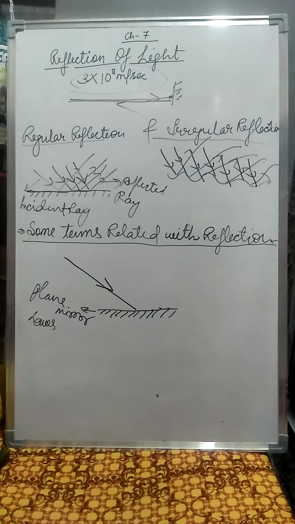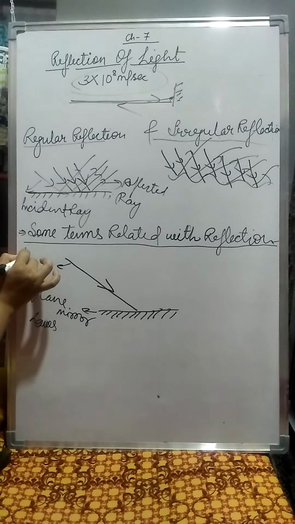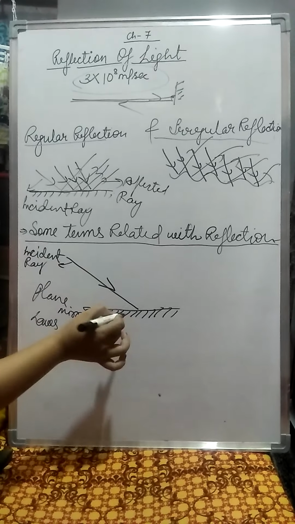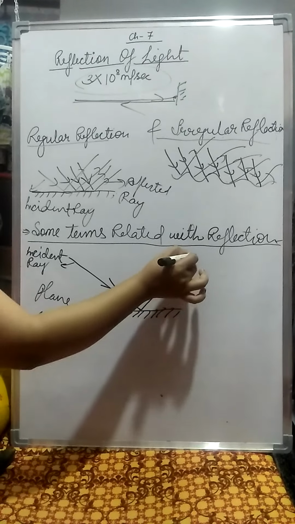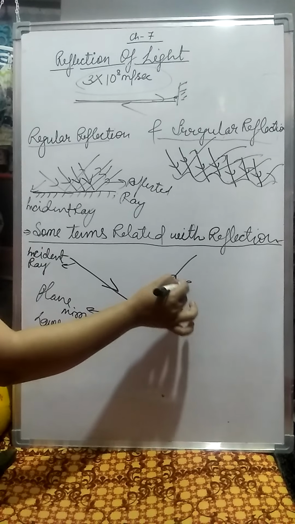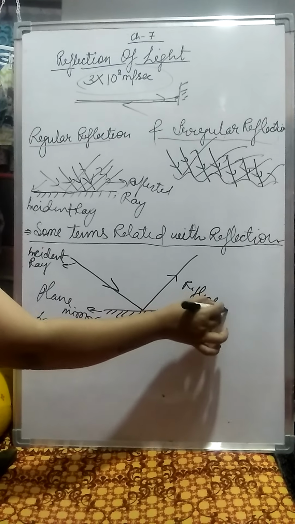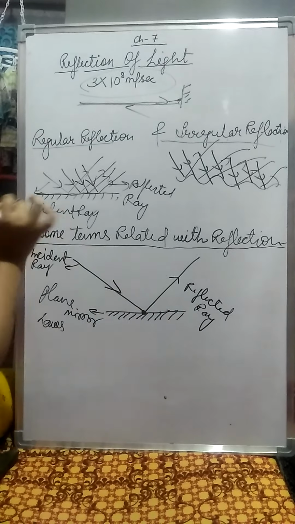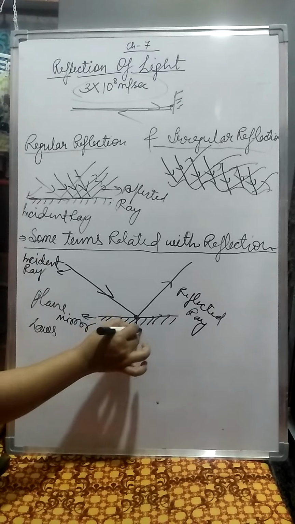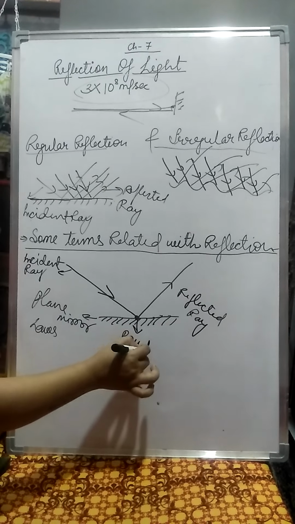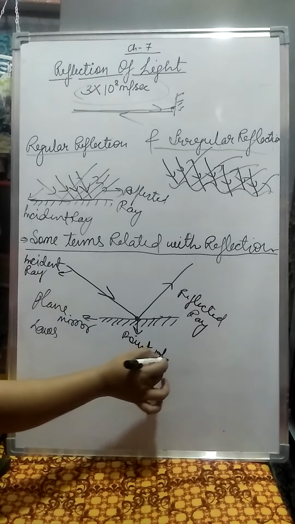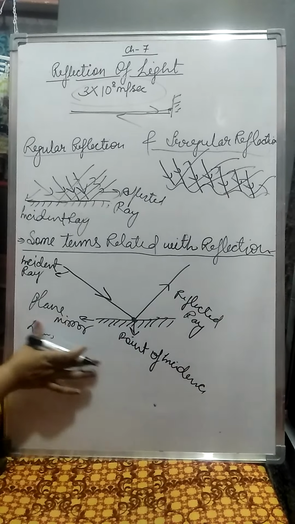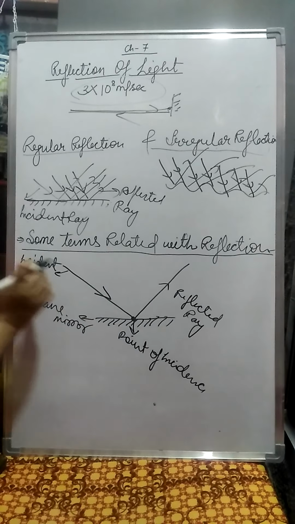The light ray which is obtained after reflection is called the reflected ray. The point at which the incident ray strikes the surface is called the point of incidence.